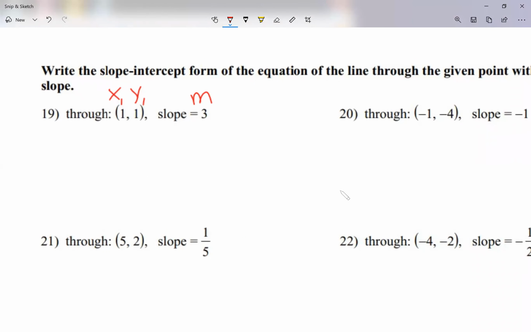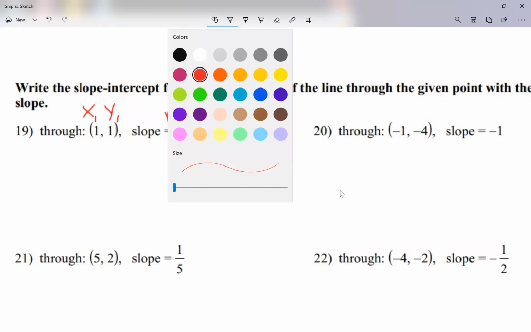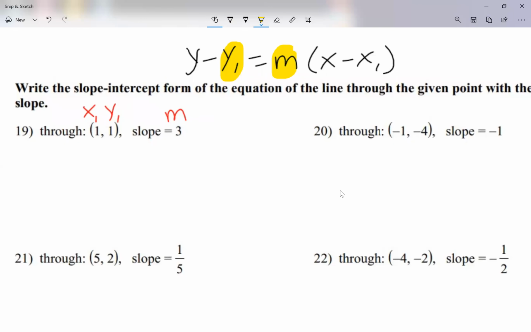Now, when we have a point and we have a slope, there's this formula that we like to call point slope formula. And that formula I'm going to start with as y minus y1 is equal to m and then x minus x1. Now the values for y1, the values for m, and the values for x1 are all given in the question.